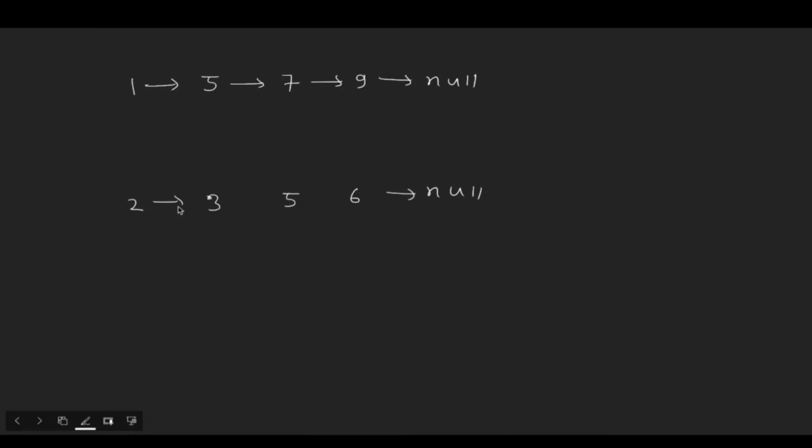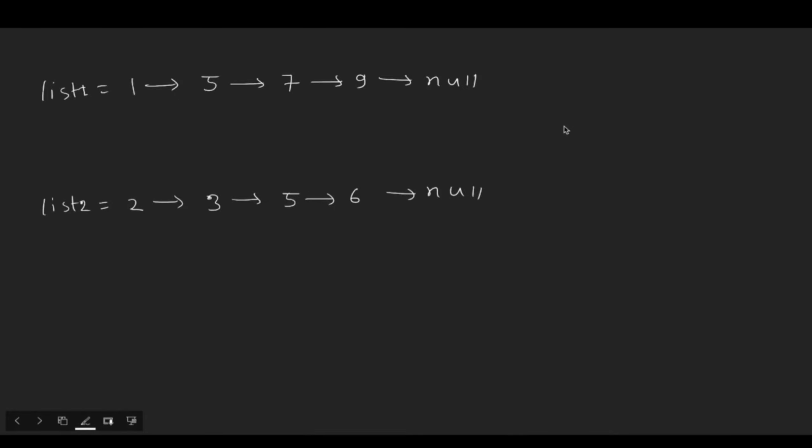Let's assume we're given these two linked lists. This is our list 1. This is our list 2. Now how can we merge these two linked lists such that the merged linked list is also sorted in ascending order?